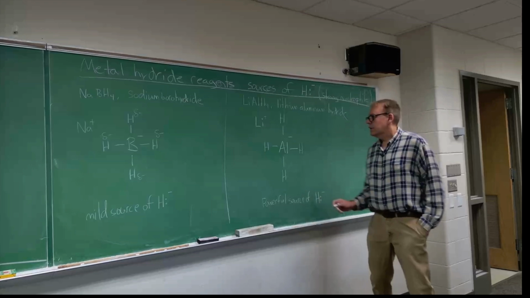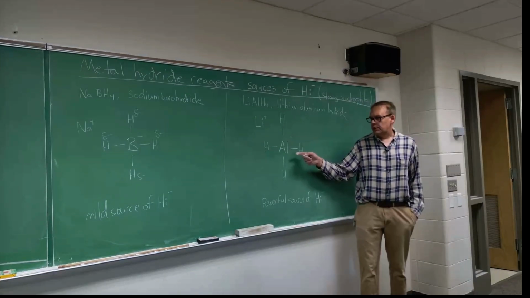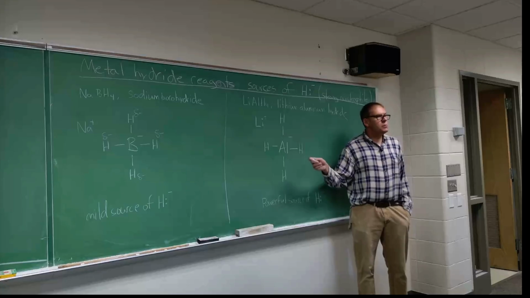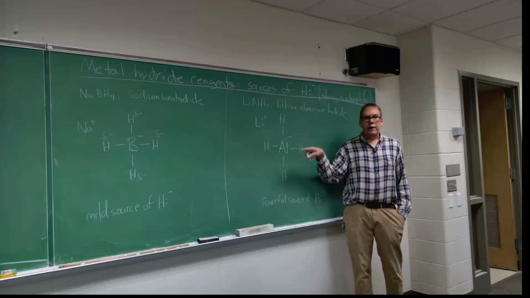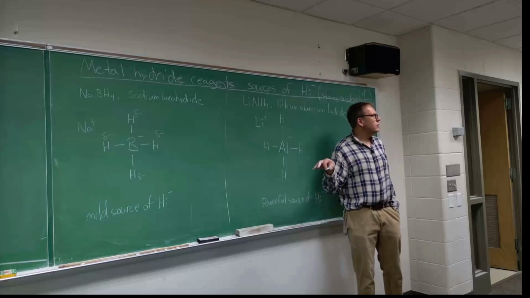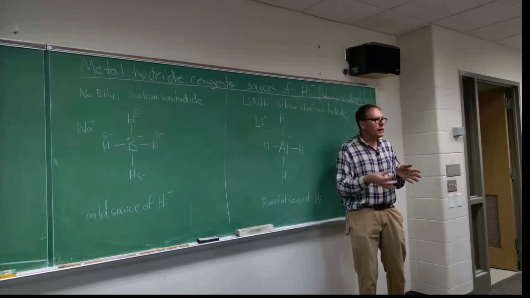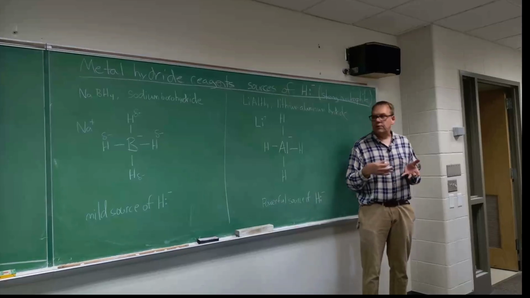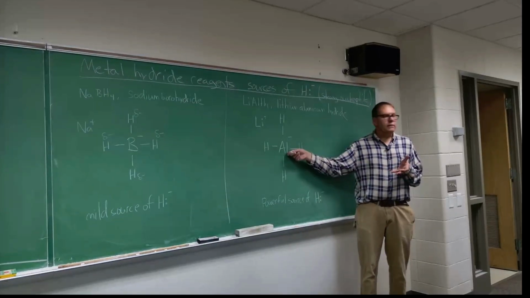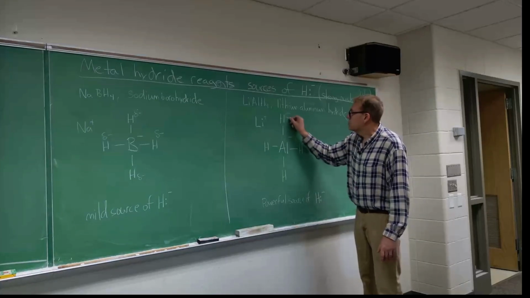The reason is that, again, there's an electronegativity difference between hydrogen and aluminum. But aluminum and boron are in the same group. So when you look at the periodic table, group 3, boron is on top, aluminum sits right below it. So they have a lot of similar behaviors. But aluminum's less electronegative, so there's a bigger difference here. So these hydrogens have bigger partial negative charges.